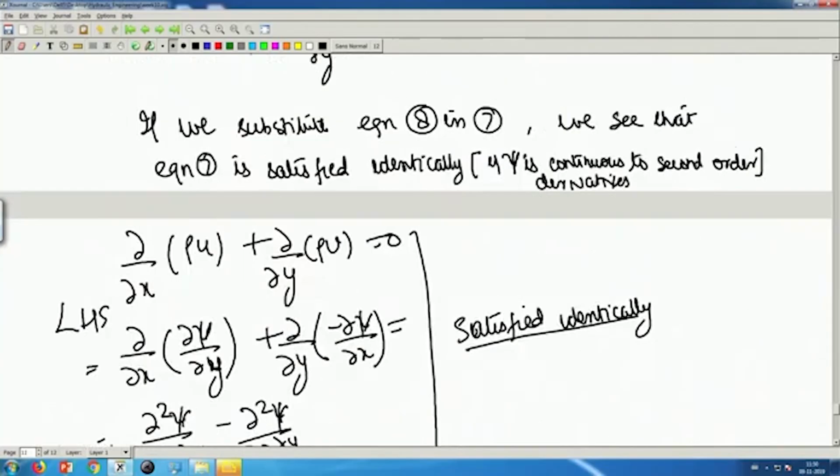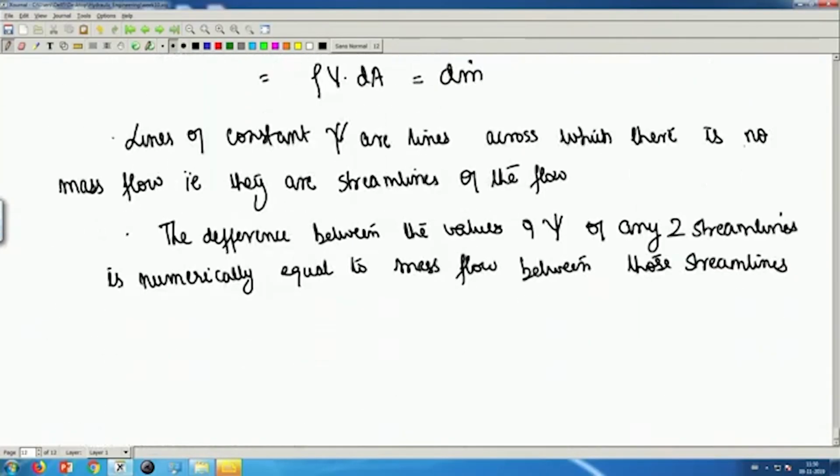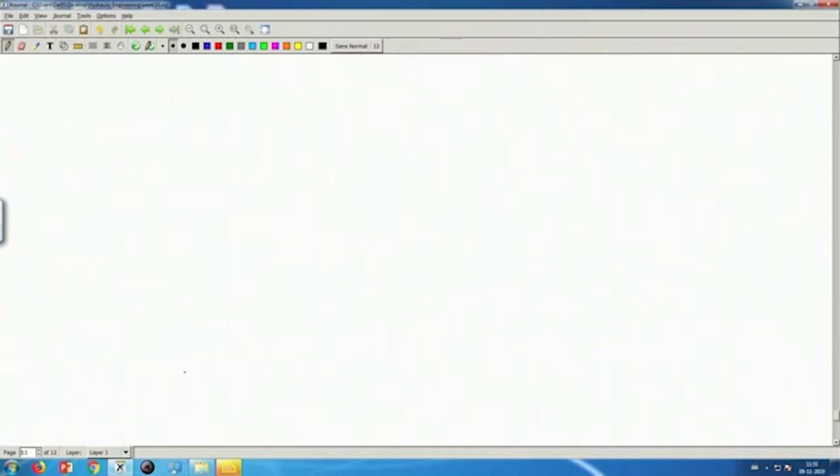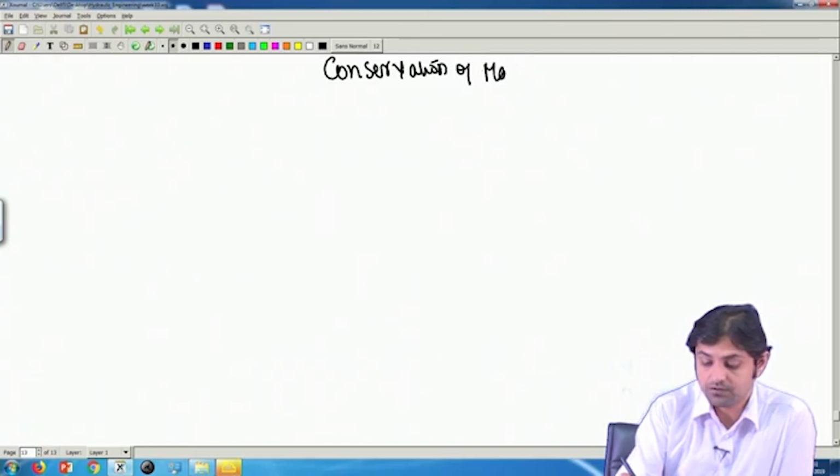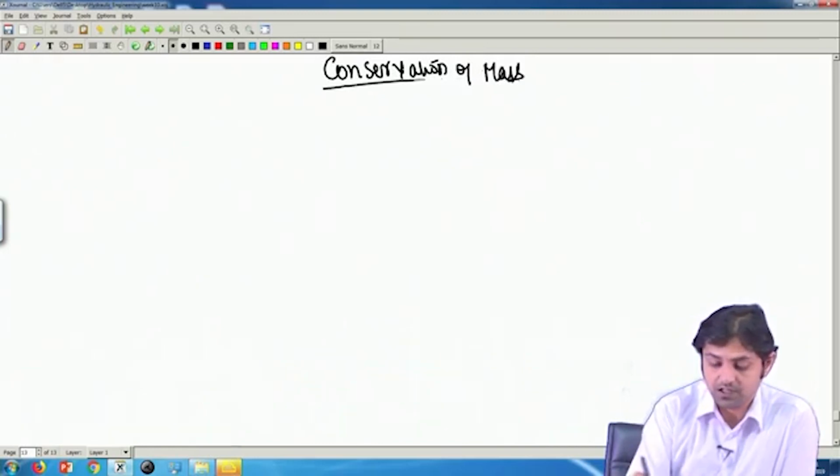Now we are going to the conservation of mass. I think it's the right time to start a new page. So we write conservation of mass.